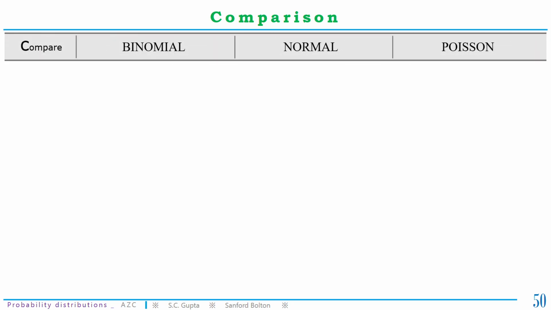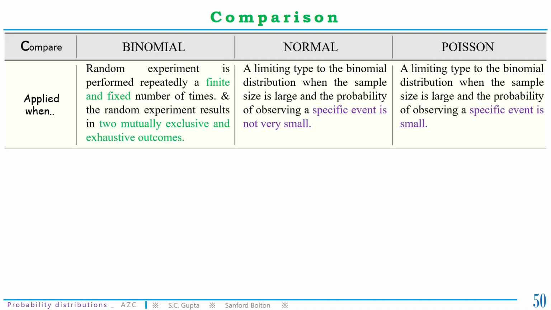Comparison of binomial, normal, and Poisson probability distributions. Binomial distribution is applied when a random experiment is performed repeatedly, a finite and fixed number of times, and the random experiment results in two mutually exclusive and exhaustive outcomes.